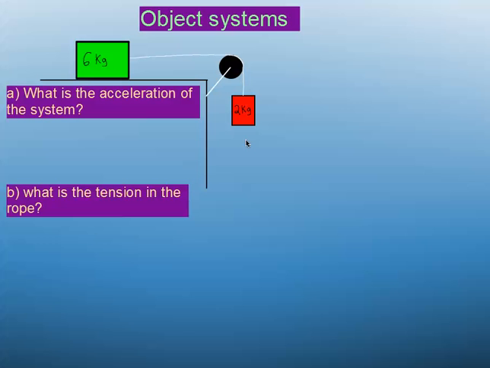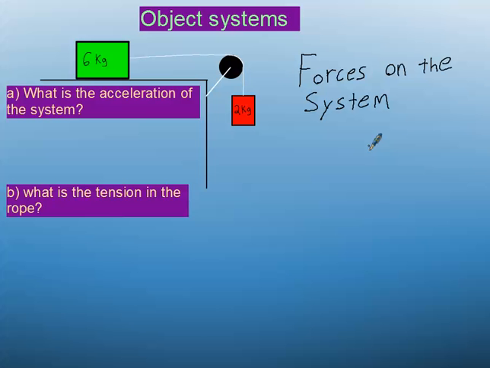Their destinies are linked. If the red block ends up dropping by 2 meters, then the green block is going to get pulled 2 meters. The fact that they're connected by this rope simply means that their motion is going to be the same as long as there remains tension in the rope. And we can really take advantage of that here.